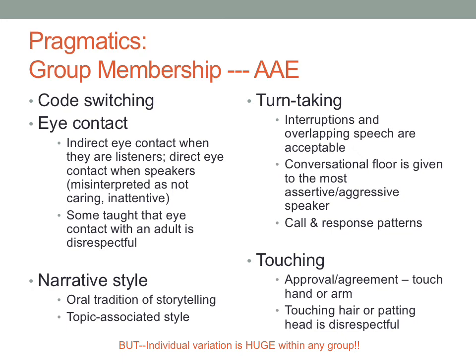So I still, when I am in the midst of, pretty much I'm the only white person in the room, me and Joshua are the white people in the room, and everyone else is black, and there are these conversations going and they're overlapping, and the conversational floor is given to the person who's the most assertive or aggressive speaker, or there are multiple conversations going on at the same time, and one person might be contributing to two or three different conversations at the same time. I still find that very challenging to negotiate.